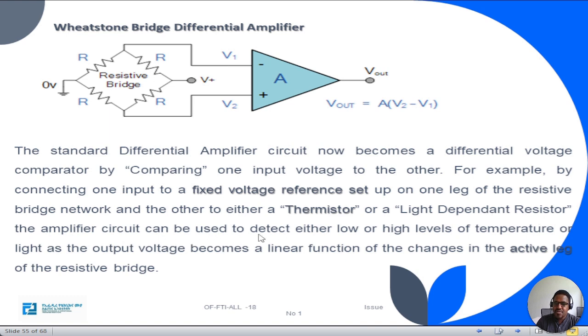The amplifier can be used to detect either low or high levels of temperature or light, as the output voltage becomes a linear function of changes in the active leg of the resistor. So from these resistors, one of them is a light dependent resistor. According to this input, our output also changes differentially.